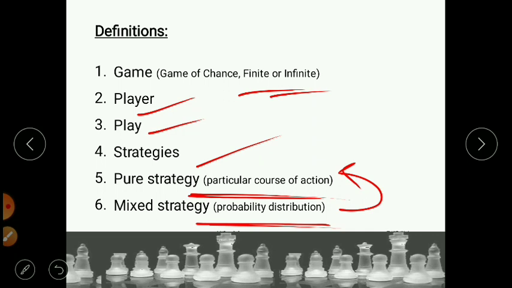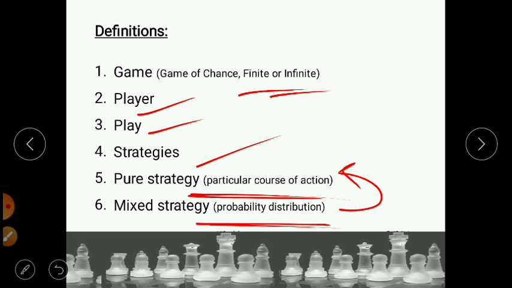In a mixed strategy, the decision is in advance of all plays, to choose a course of action for each play in accordance with some probability distribution. Thus, this mixed strategy is a selection among pure strategies with some fixed probability.